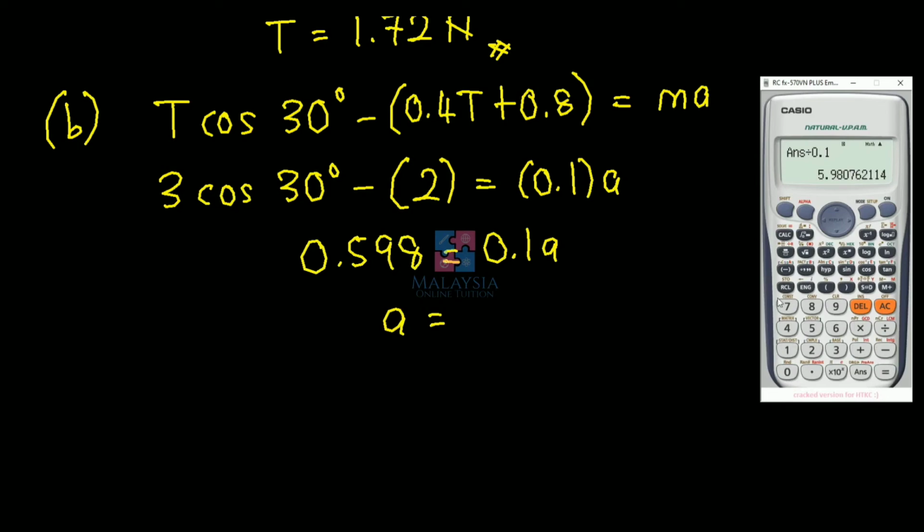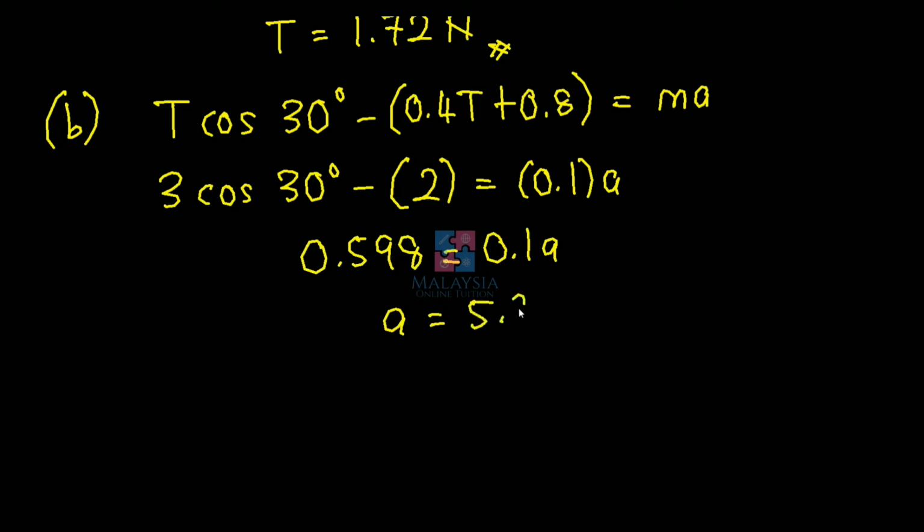You will get a final answer, which is 5.98 meters per second squared, correct to 3 significant figures, and this will be the final answer for question number 4, part B.